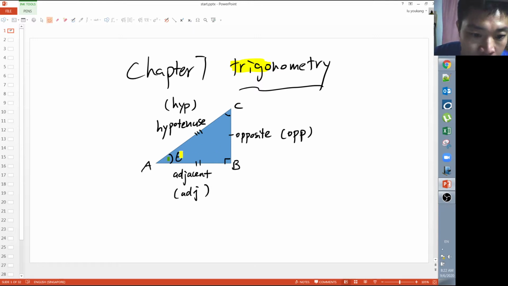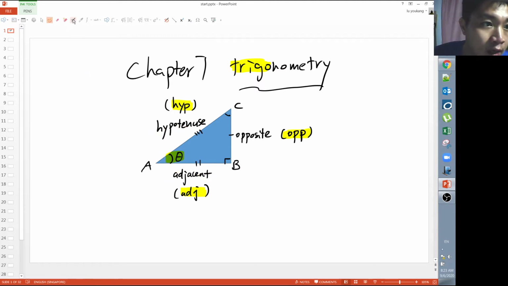All right, so you need to be very familiar with all these terms. Okay, you have your angle theta here, or you can call it angle CAB as well, and opposite to the theta is called the opposite side, and right here over here is the adjacent side of the triangle, and last but not least, the longest side of the triangle is called the hypotenuse, HYP in short. Okay, so some of the students are confused which is the adjacent and which is the hypotenuse.